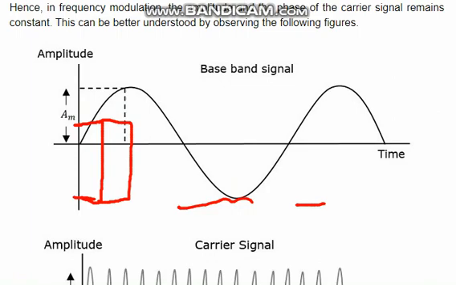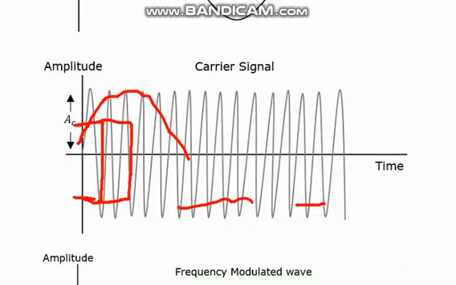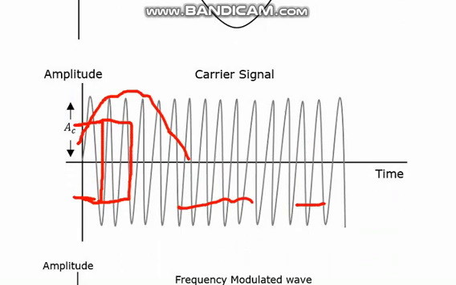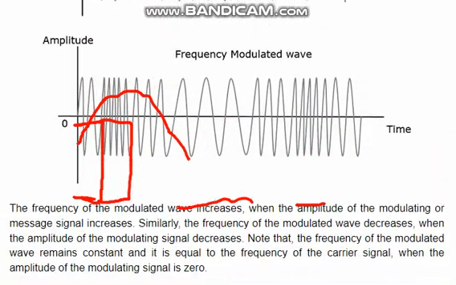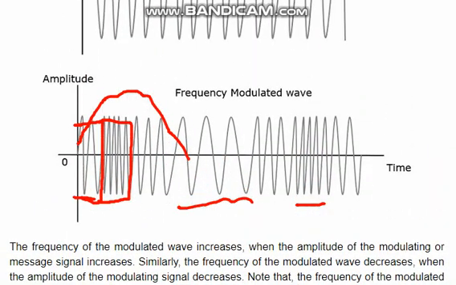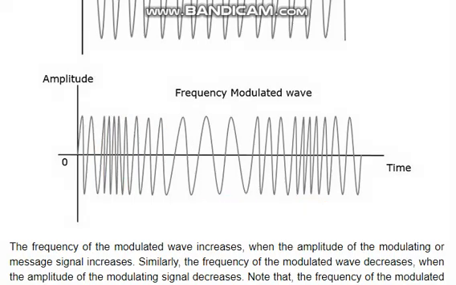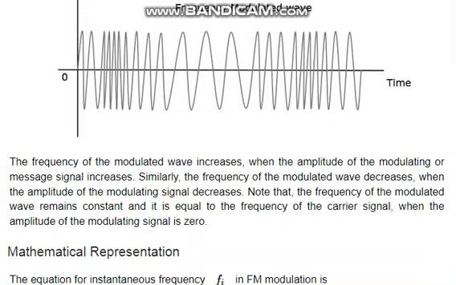Just think about it: in the rising position, this changes the frequency from time to time, and after that we get a bunch of frequencies that change one after another, but the amplitude will not change in this particular modulation technique.